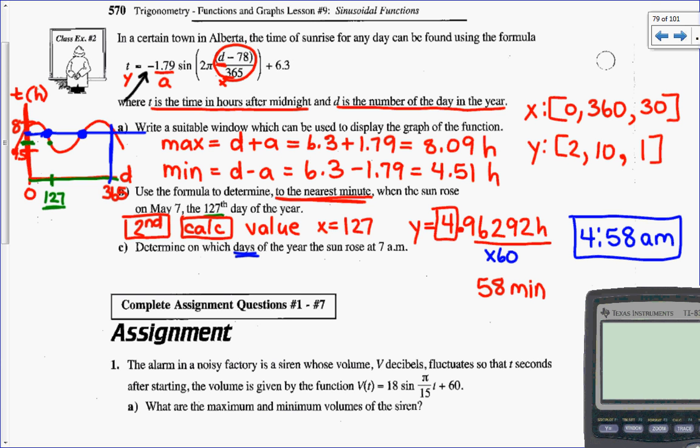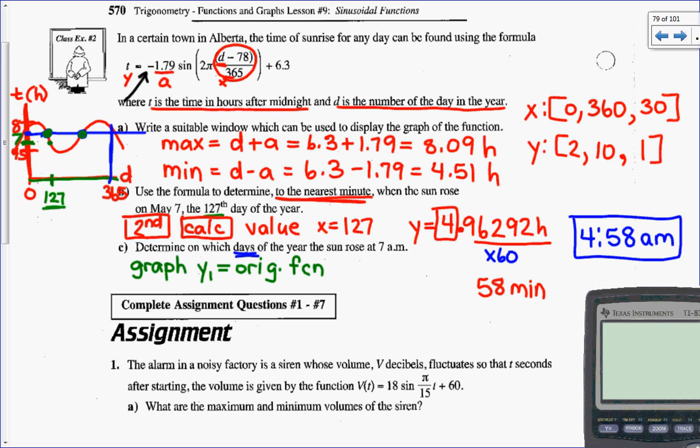Okay, so we need a horizontal line, a linear function again, going across at 7 o'clock in the morning so that we can find the intersection point of those 2 points and know what our x is then, what our times were. So again, you're going to graph y1 as the original function that they give us.